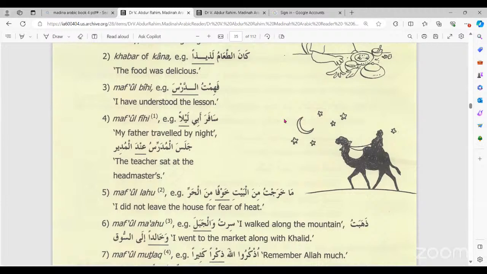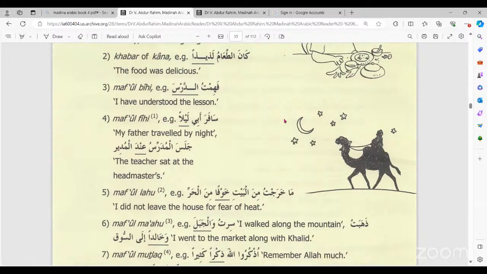For example, if you say yawm al-jum'ah, it's coming with dhamma. But when you say maf'ul fihi, it means that the zarf, the adverb, is going to have a fatha, not a dhamma nor a kasra. But zarf is the word itself.